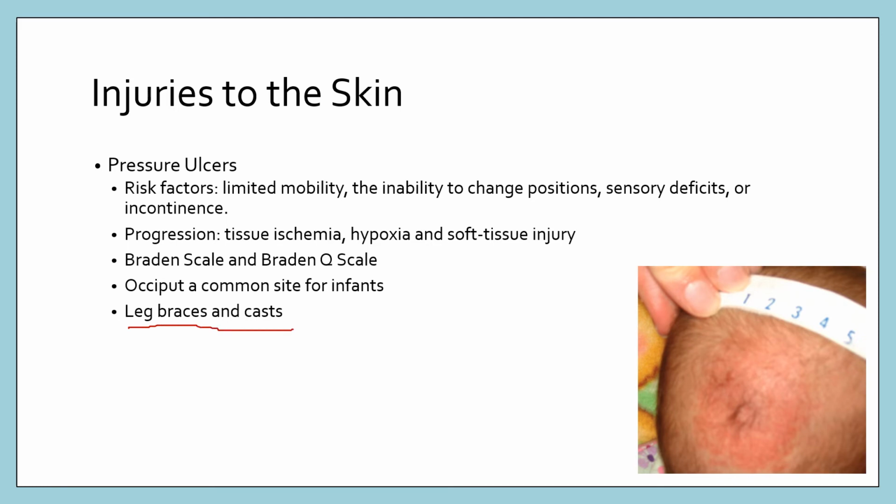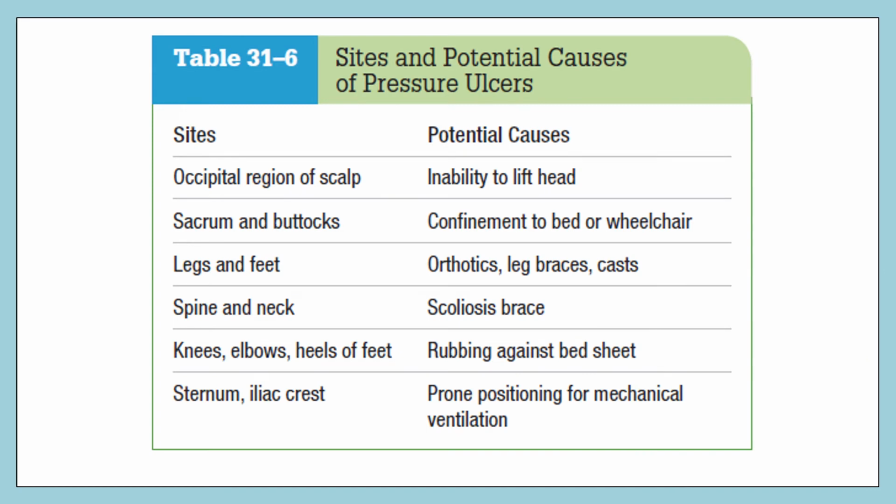If the leg brace or cast is on too tightly, that will sometimes lead to a pressure sore. As with adults, this really isn't any different. The common sites are any bony prominence that comes into contact with another harder surface.